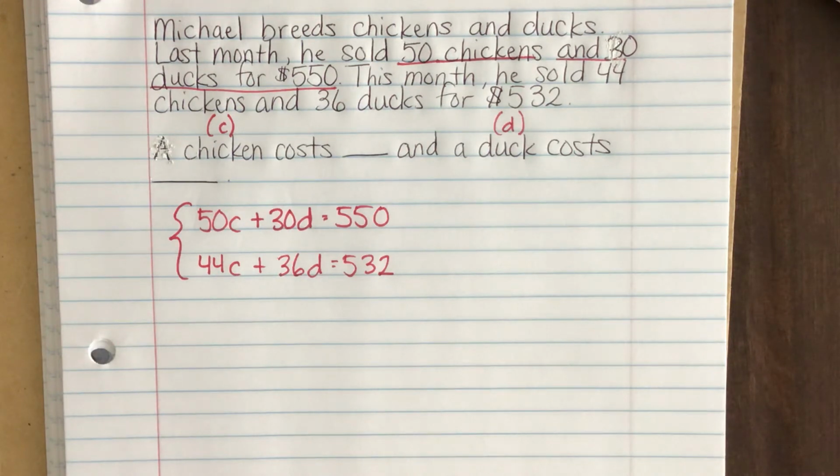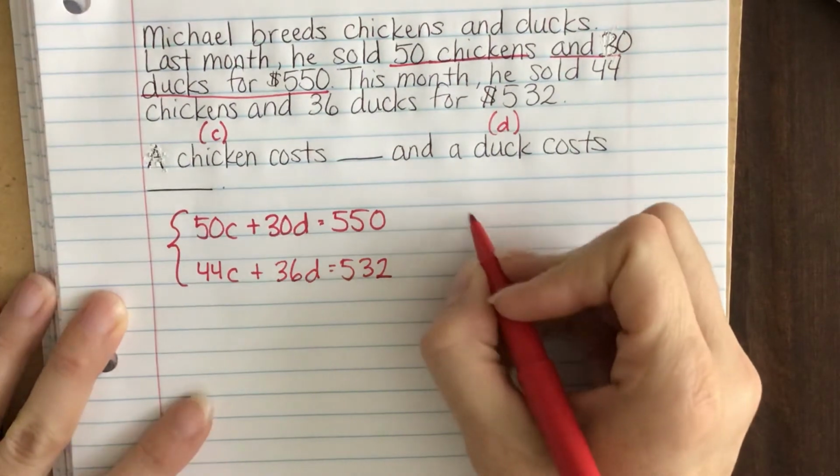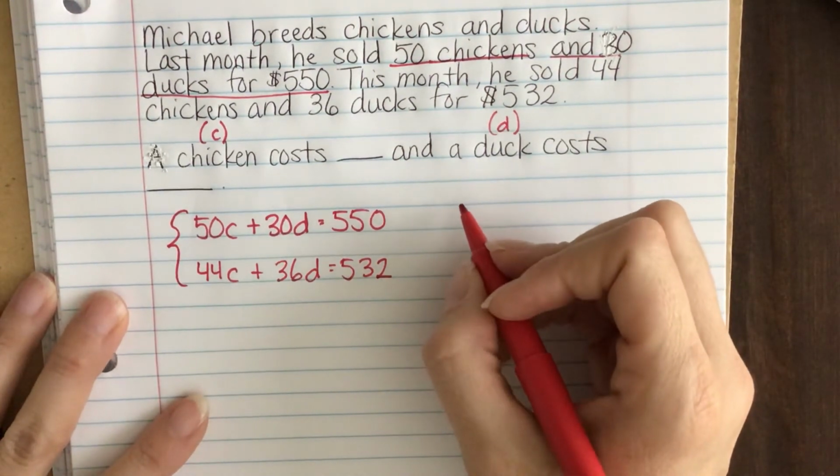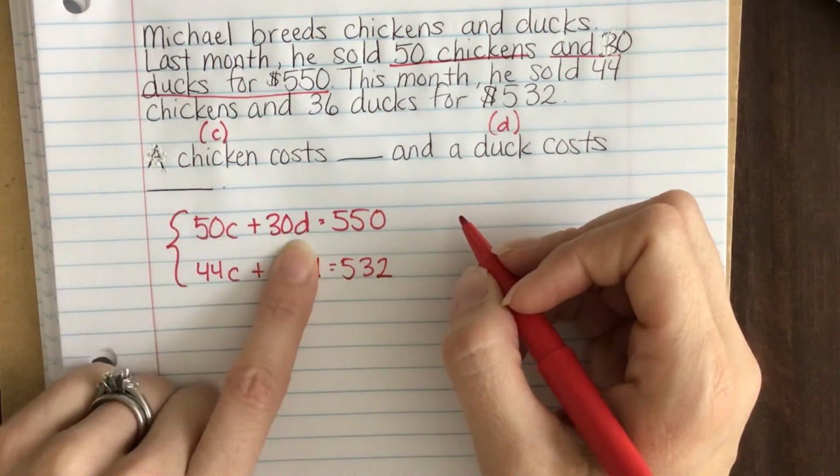Trying to decide which method I would prefer. I think in this case, I'm going to choose graphing. I think it'll be a lot easier. Well, those numbers are pretty big though. Okay, I'm doing substitution. So I'm going to solve for a variable. I'm going to solve for D here.